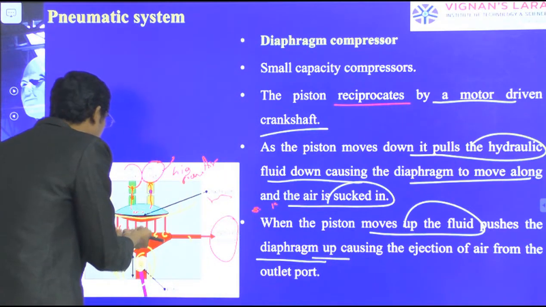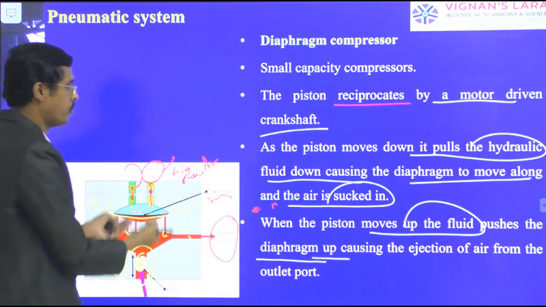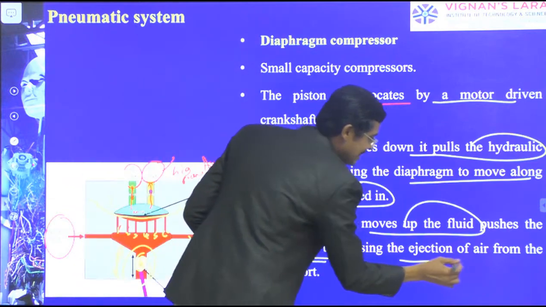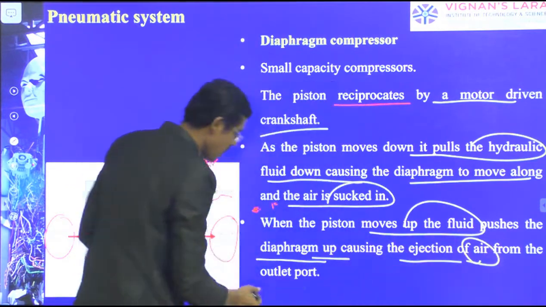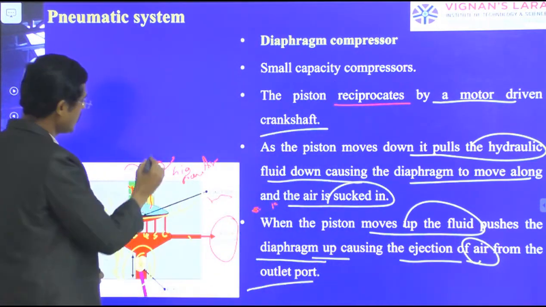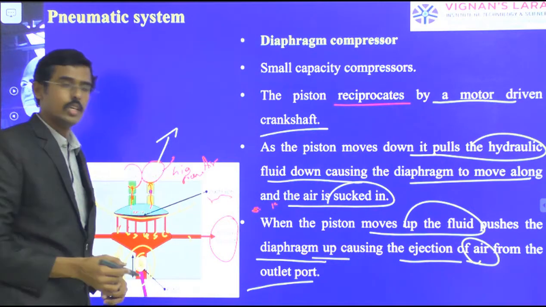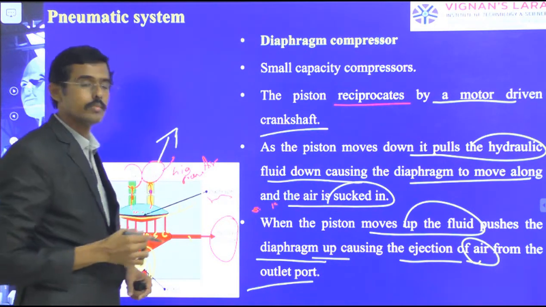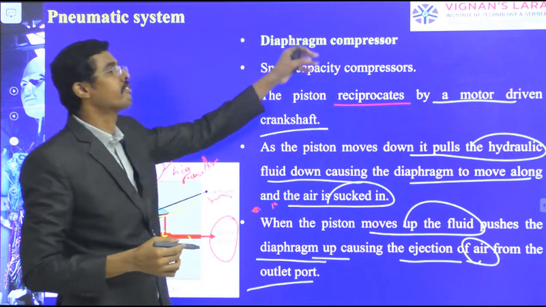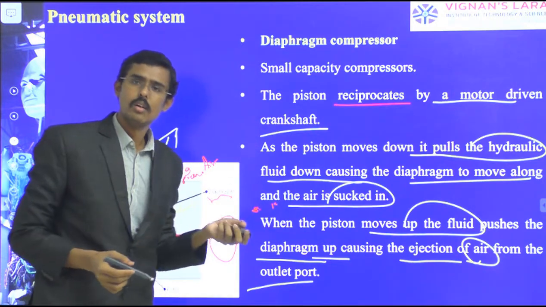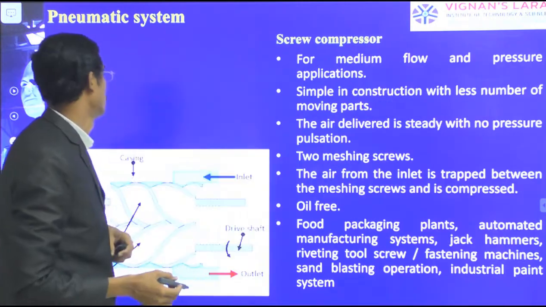The diaphragm moves in the upward direction along with the piston, causing the ejection of the air from the outlet port. So here it is getting ejected. Likewise we can explain the working of this diaphragm compressor. This is one of the types of compressors.